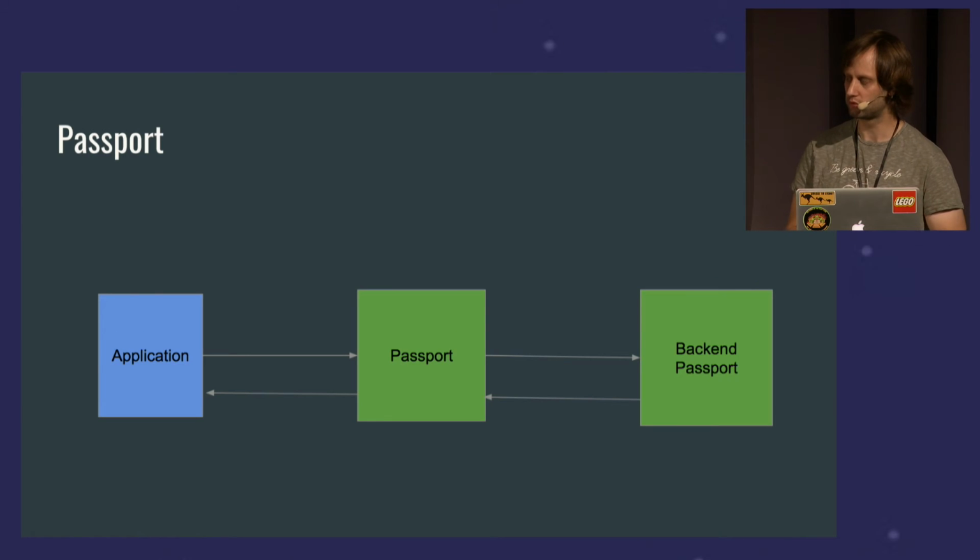To do that, we use the application ID, which is defined in the Android manifest, and then Passport asks the backend for its configuration, and using this application ID retrieves the right configuration. And because Passport knows in which country and in which environment it is, it properly retrieves the right configuration and gives it back to the application.